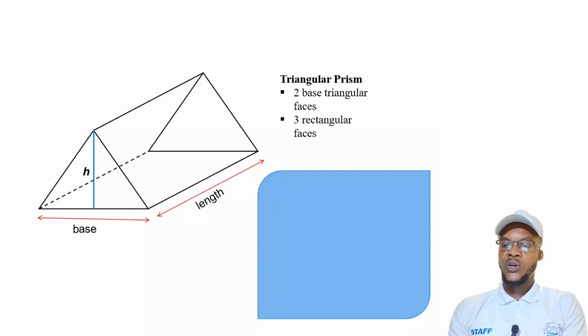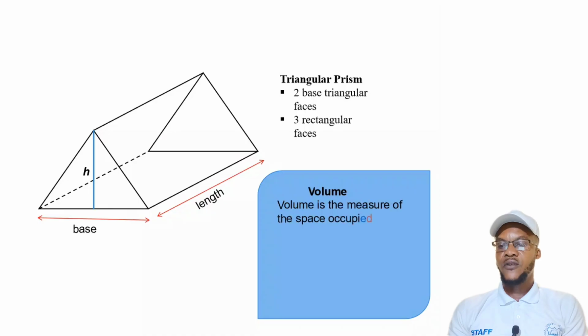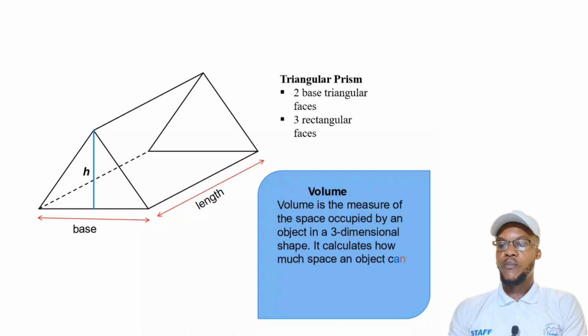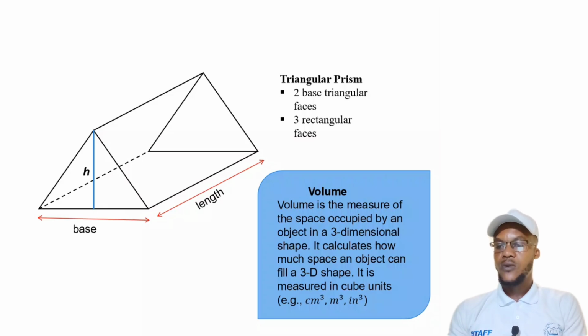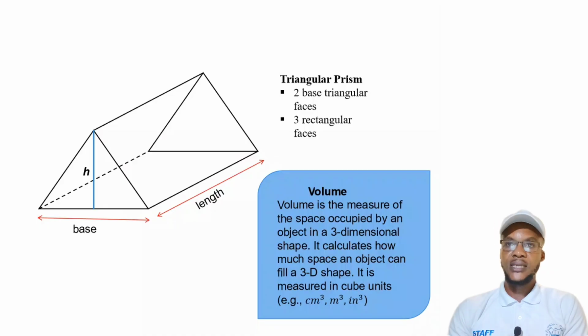So what at all is volume? Volume is the measure of the space occupied by an object in a three-dimensional shape. It calculates how much space an object can fill in a 3D shape. It is measured in cube units. If you compare a three-dimensional shape to a two-dimensional shape, when we were doing two-dimensional shapes, we were finding the area, measured in square units, because we picked only two sides and multiplied.